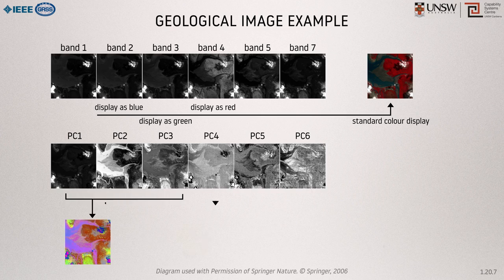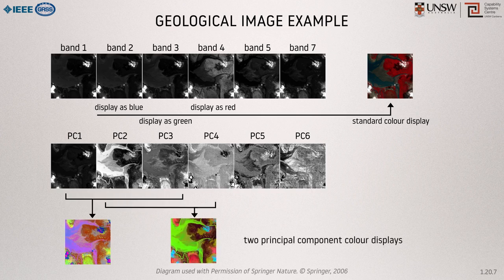2 different PC colour renditions are shown by choosing different sets of PCs with which to create the colour products. Look for features that are easier to see in the PC colour composites than in the standard colour composite formed from the original bands. For example, note the good differentiation of water features in the second principal component example.